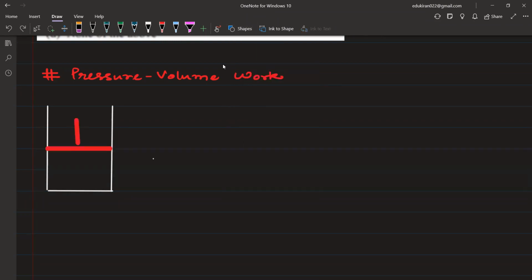This is your movable piston. There are gas molecules here.